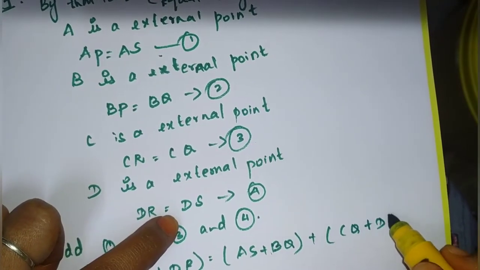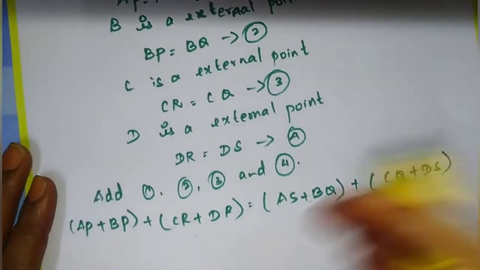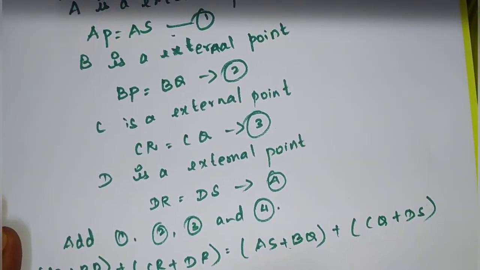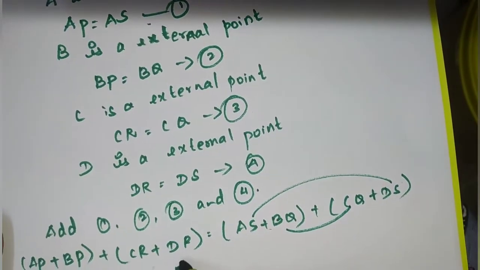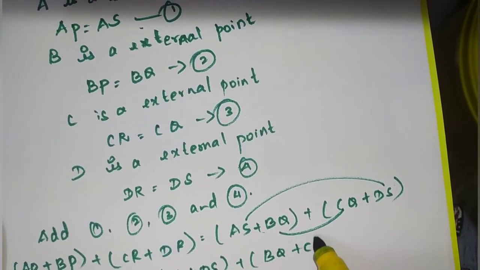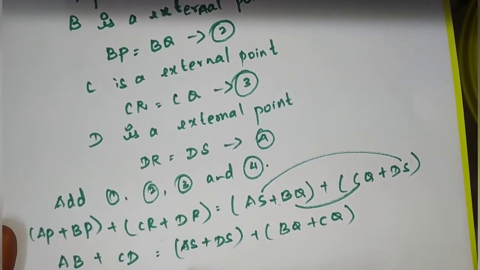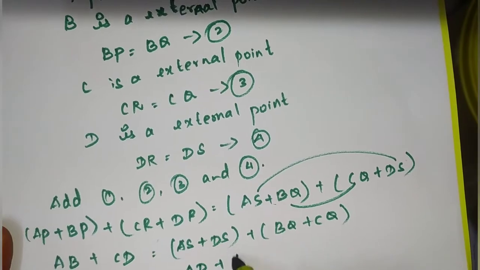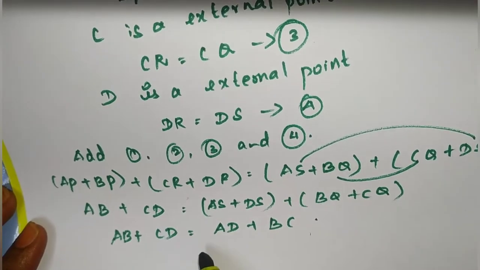So AP plus BP will be AB, and CR plus DR will be CD. If you combine the others, AS plus DS is AD and BQ plus CQ is BC. So we proved that AB plus CD is equal to AD plus BC.